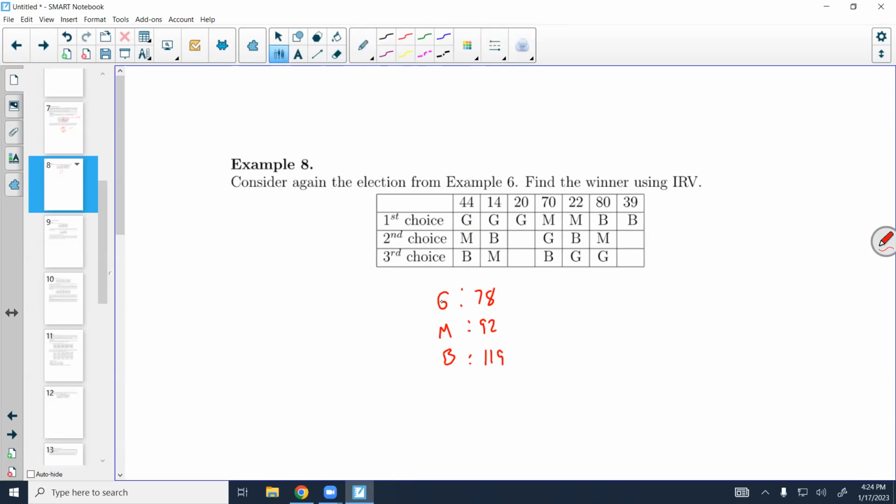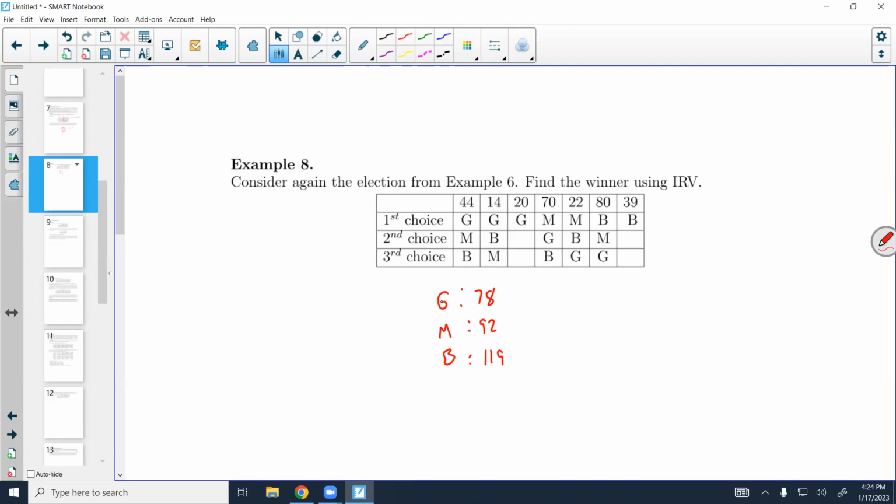Now we need to get our calculator out. So we have 44 plus 14 plus 20 plus 70 plus 70 plus 22 plus 80 plus 39.